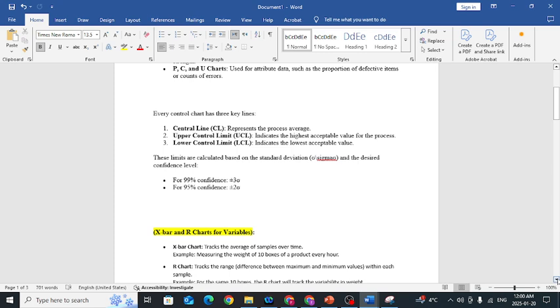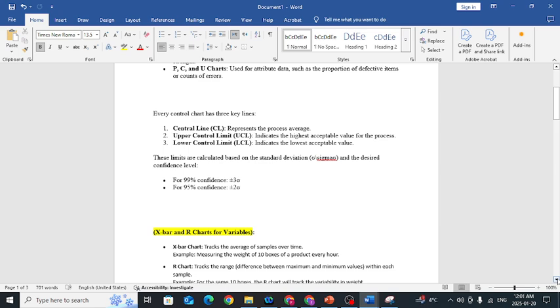As I showed you in the previous session, that chart shows the standard deviation in the range of -6 and +6. So -6 standard deviation and +6 standard deviation.